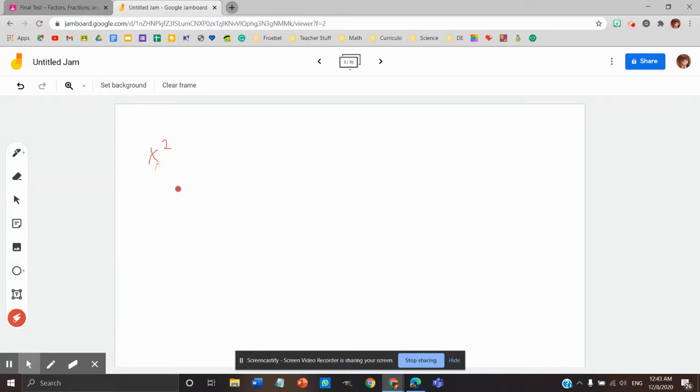There we go. So again, in an exponent exercise, we're going to have something that is called the base and an exponent. And the exponent is just going to tell us how many times we are going to multiply that base.